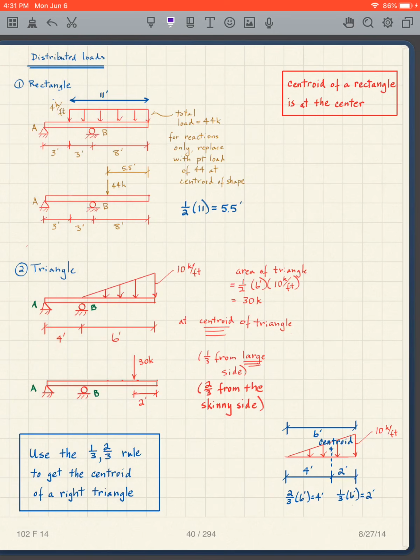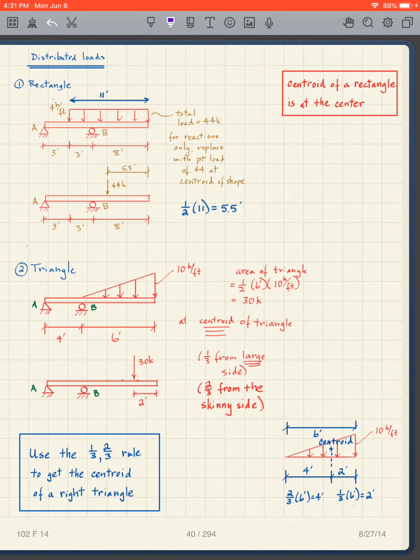The next topic is distributed loads. How do we handle them? What do I mean by distributed loads? Well, here is an example of what we call a distributed load. If I look closely here, we can see that the magnitude is 4 kips per foot. What does that mean?